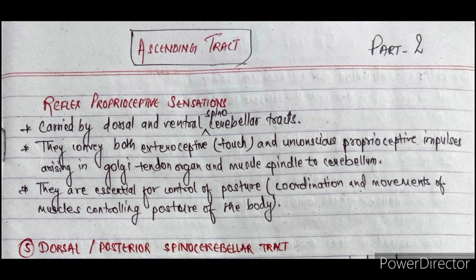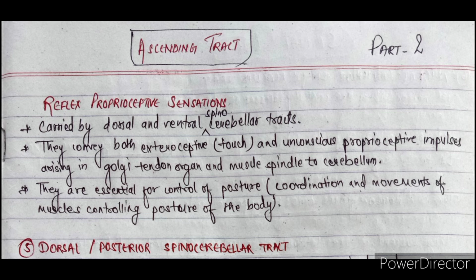The function of the dorsal and ventral spinocerebellar tract is that it carries the reflex action proprioceptive sensations from the spinal cord to the cerebellum.